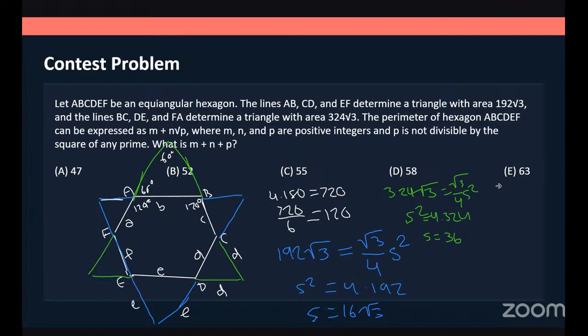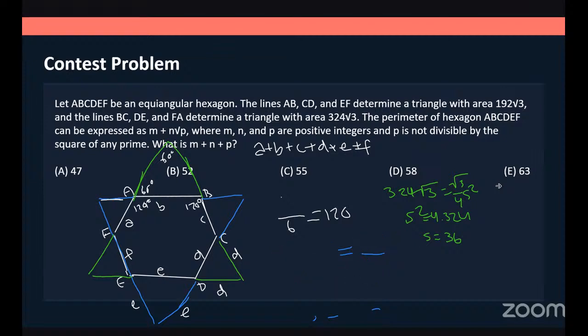And then from there, to get the perimeter, you would basically need A plus B plus C plus D plus E plus F. That's what you're looking for, the lowercase letters. I'll be erasing this work. Let it sit up for a second longer so you can see how that moves on.